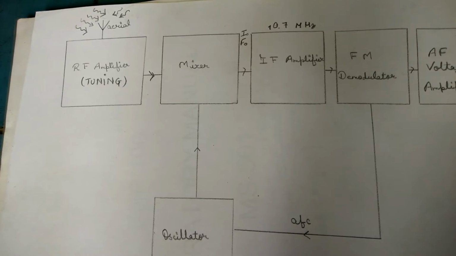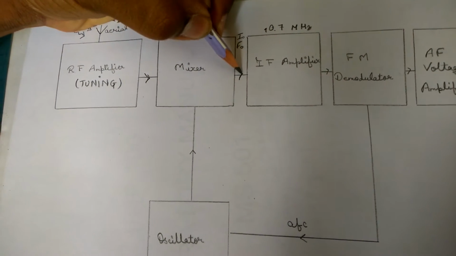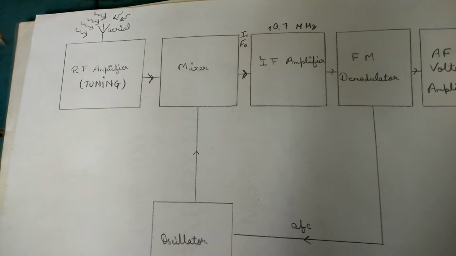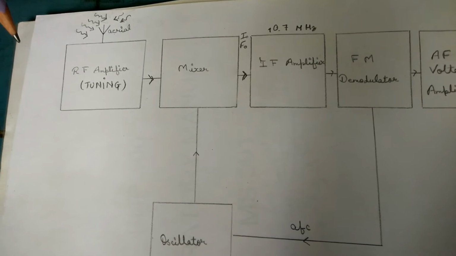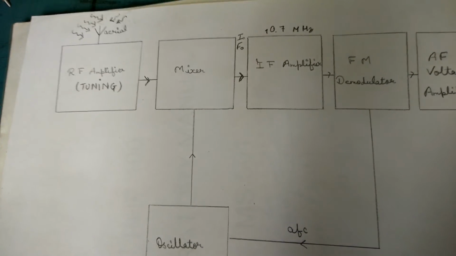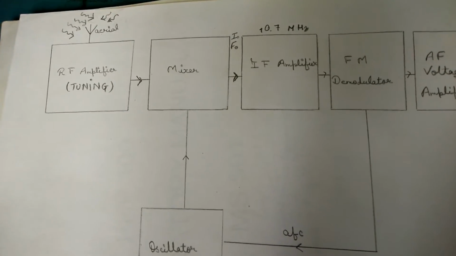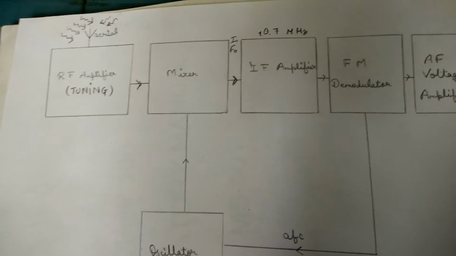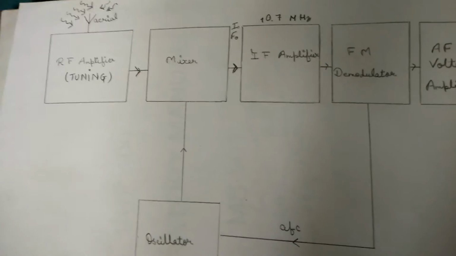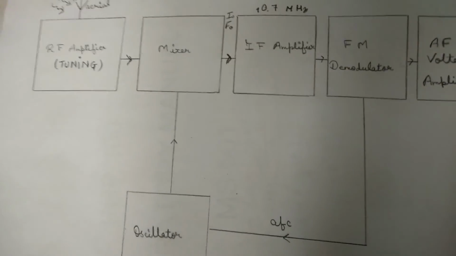The IF signal is fed to the IF amplifier. The advantage of the IF amplifier is that its frequency and bandwidth are fixed, no matter what the frequency of the incoming signal is. This makes the design and operation of the amplifier much simpler.